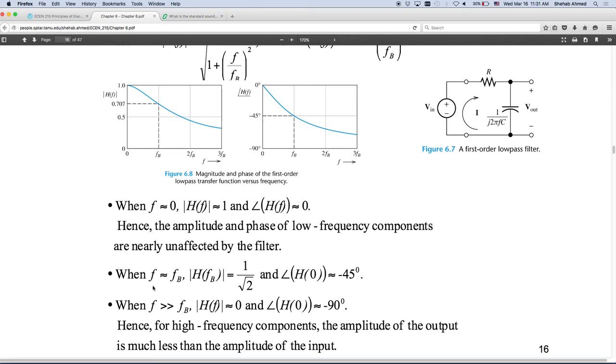When f is close to fb, the magnitude is close to 1 over square root of 2, and the angle is close to minus 45 degrees.